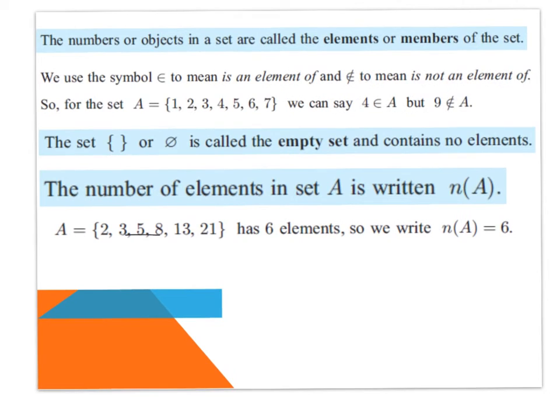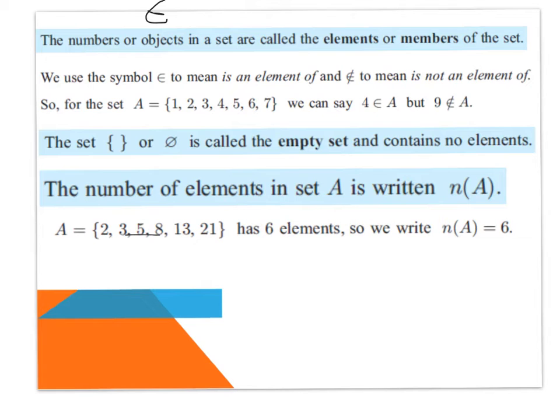The numbers or objects in a set are called the elements or members of the set. We use the symbol, it's like a crooked E, or more really a curved E, to mean "is an element of," and we use that same E with a slash through it to mean "is not an element of."